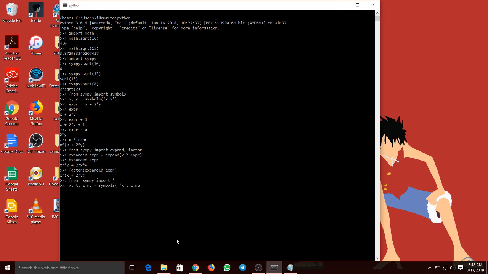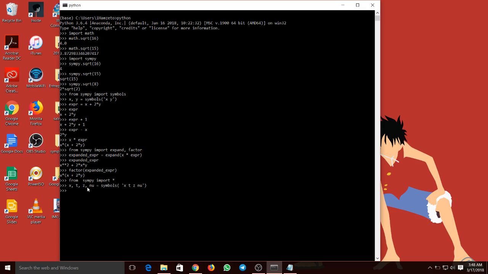These are the four variables I included right now, and I'm inputting them into Sympy. With this, the variables are included in Sympy already.